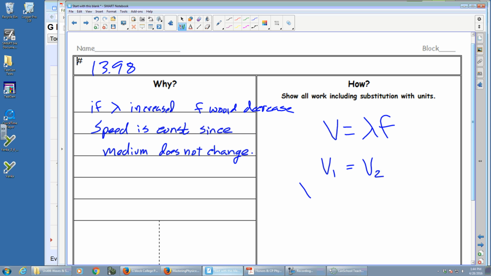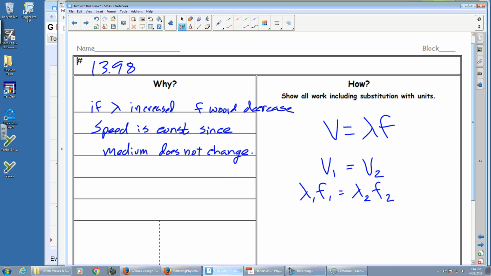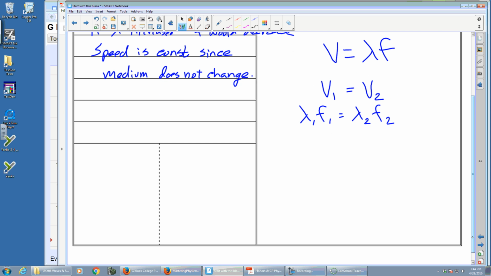Therefore, wavelength 1 times frequency 1 is the same as wavelength 2 times frequency 2. And so you look at your problem setup, do we know the original wavelength? Yes, we do, because we know the length, right? And like our other times, we know the string looks like this, with node, antinode, and node.